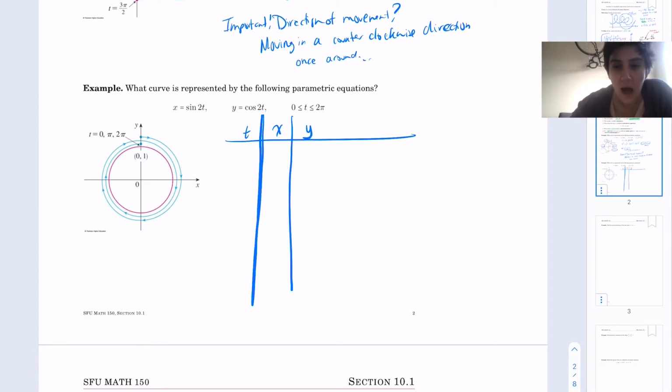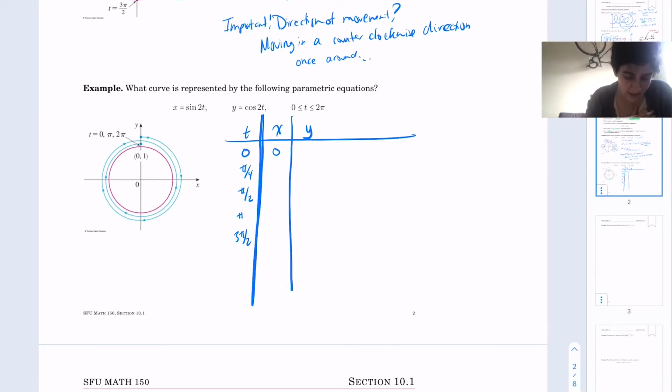I am going to start with 0. Let's do pi over 4, pi over 2, pi, 3 pi over 2. We don't have to hit everything. We're trying to get an idea about what's happening here.